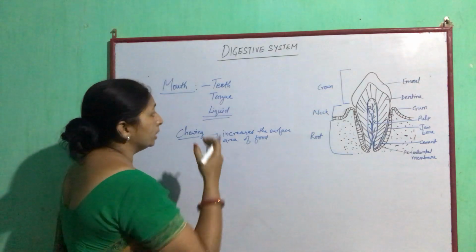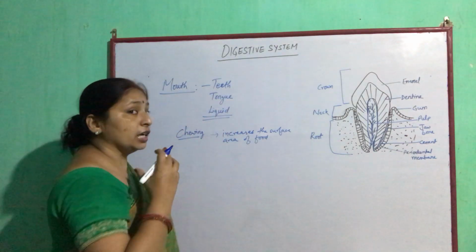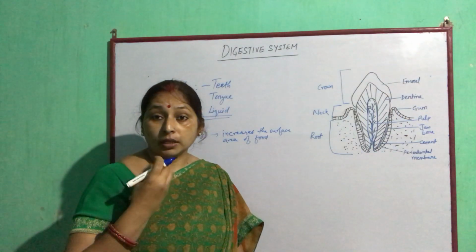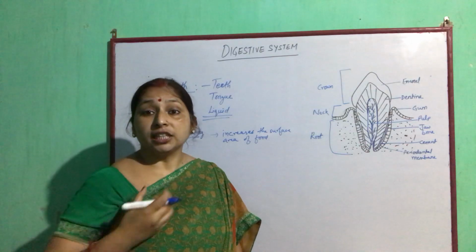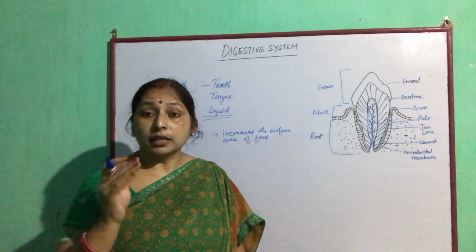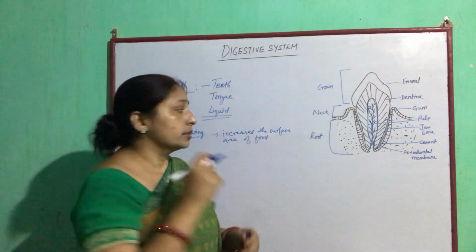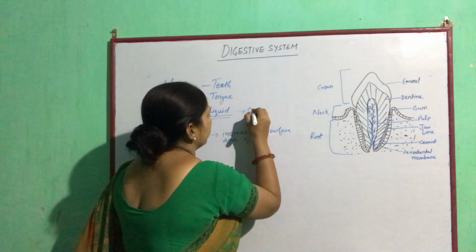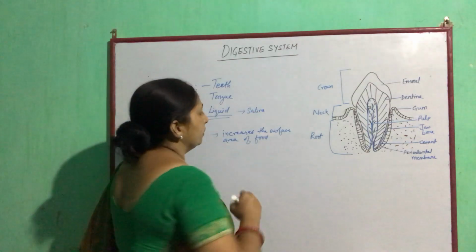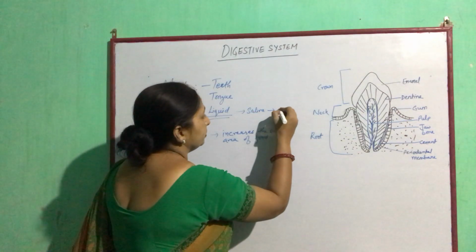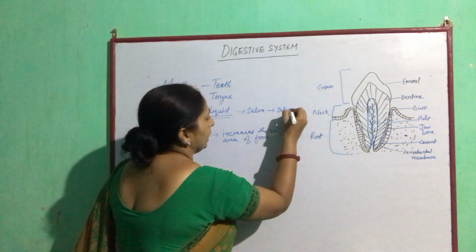We are chewing the food, and a muscular tongue is present in between the dentition, and the role of the tongue is to help in mixing the saliva. This liquid is saliva. Saliva contains an enzyme, salivary amylase.